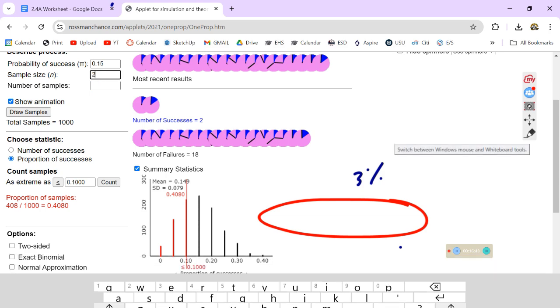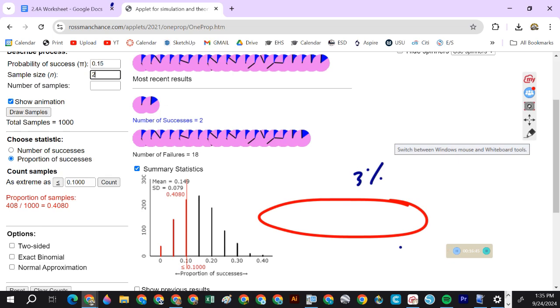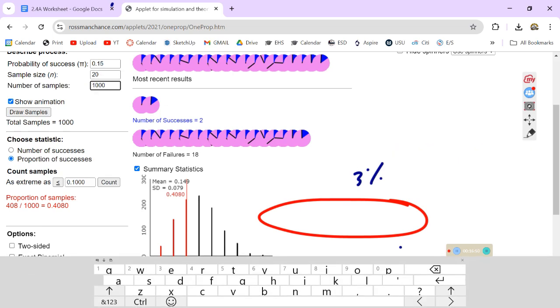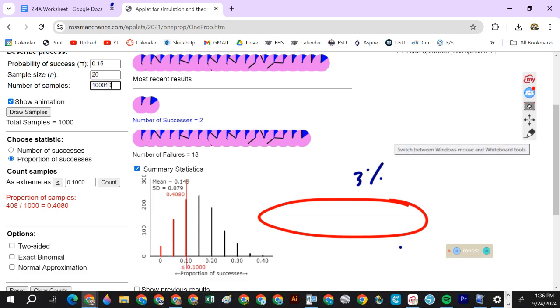No, let's change this to 40. And then we'll only play 40 times. No, 10 times. Sorry, my keyboard is upside down. This is really hard to do. Okay, there we go. That actually came out pretty good.